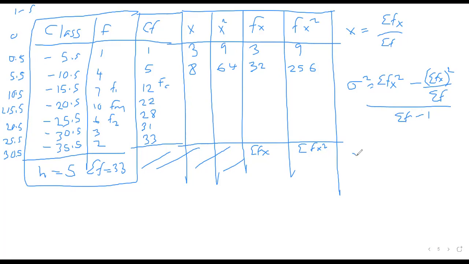Then the standard deviation, you square root the answer. The coefficient of variation uses the same formula, simplified: standard deviation over the mean times 100. So this is how we find these for group data.